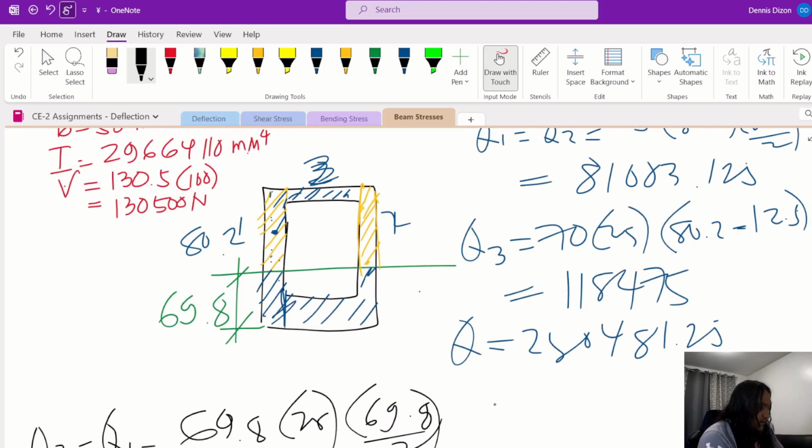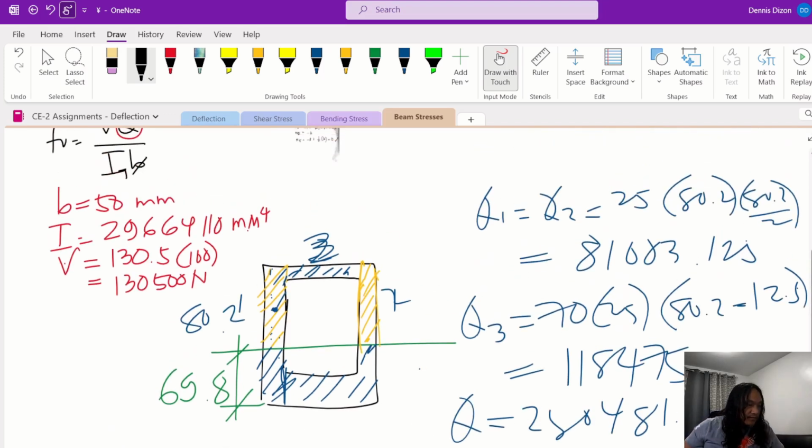70 times 25 times 80.2 minus 12.5. Then plus 25 times 80.2 squared times 0.5 times 2.